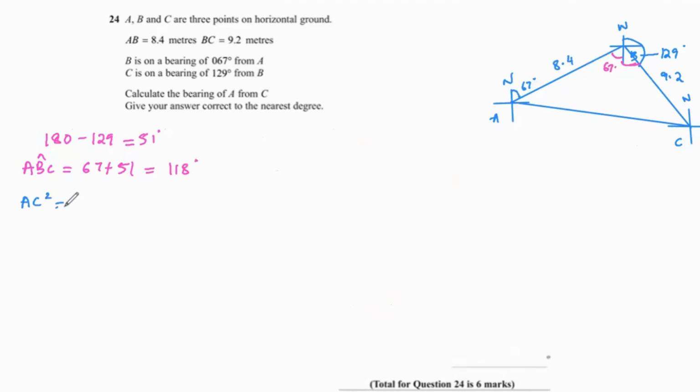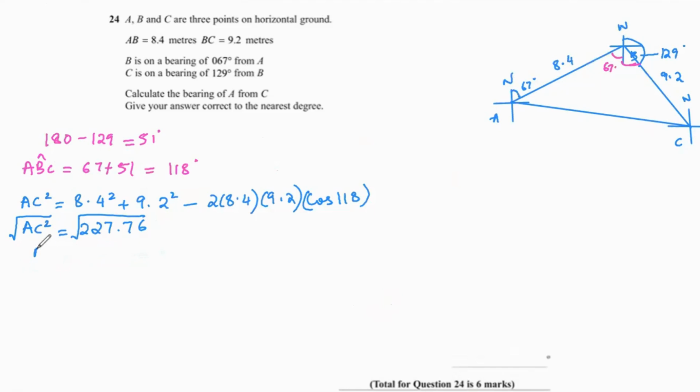So AC squared equals 8.4 squared plus 9.2 squared minus twice of 8.4 and 9.2 times cos of 118. So AC squared equals 227.76. We'll take the square root on both sides, and AC will equal 15.09 meters.